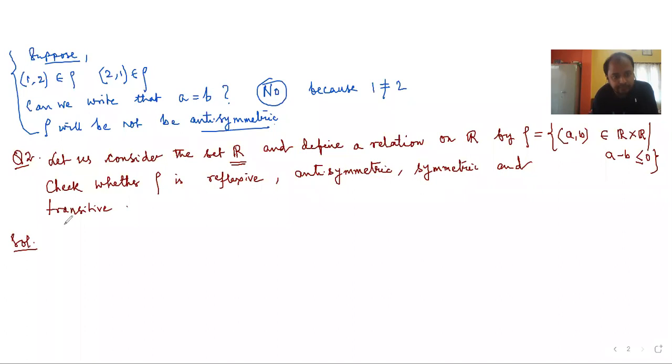Solution. First of all, we are choosing a pair (A, A) from rho.